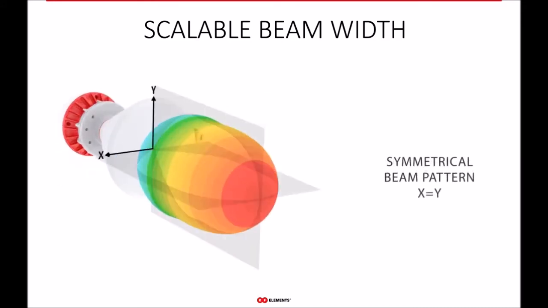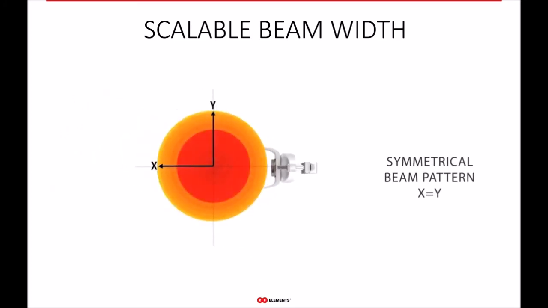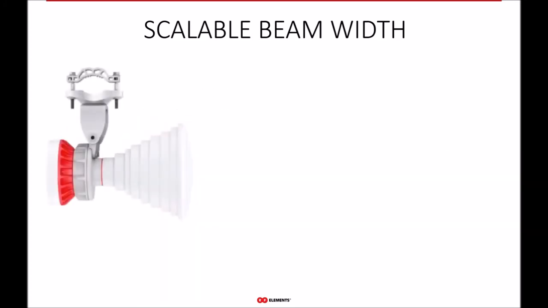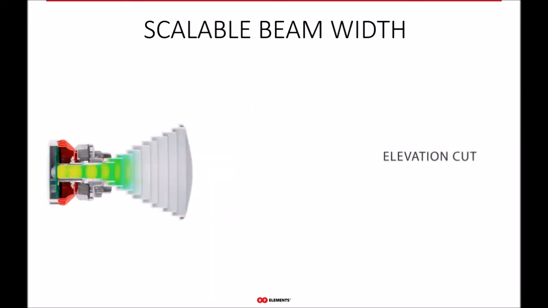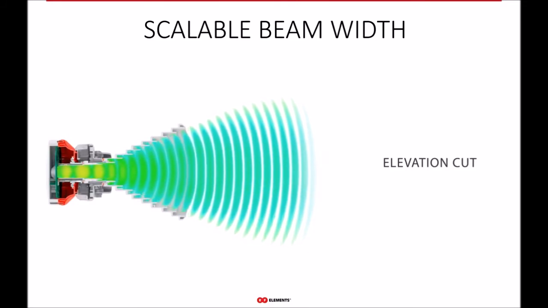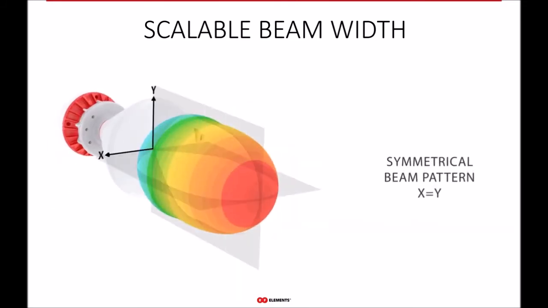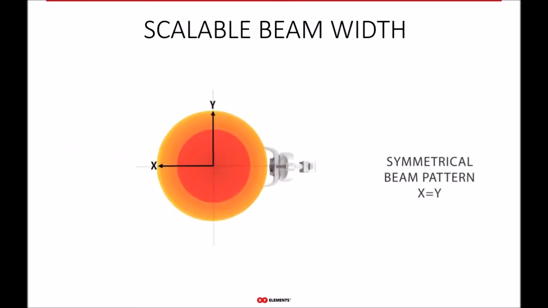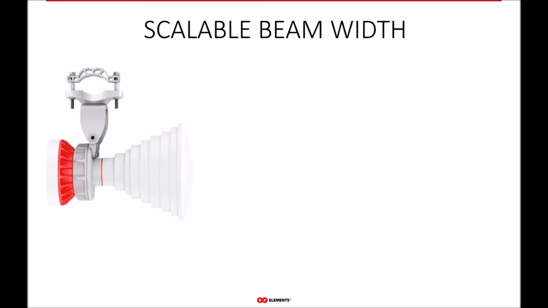By adjusting the dimensions and the shape of the horn, you can achieve the desired performance regardless if you need a narrow or wide sector, really. It's that flexible. This is a very powerful feature of horn technology in general, which gives you the ability to adapt to any conditions you might encounter while planning your networks.